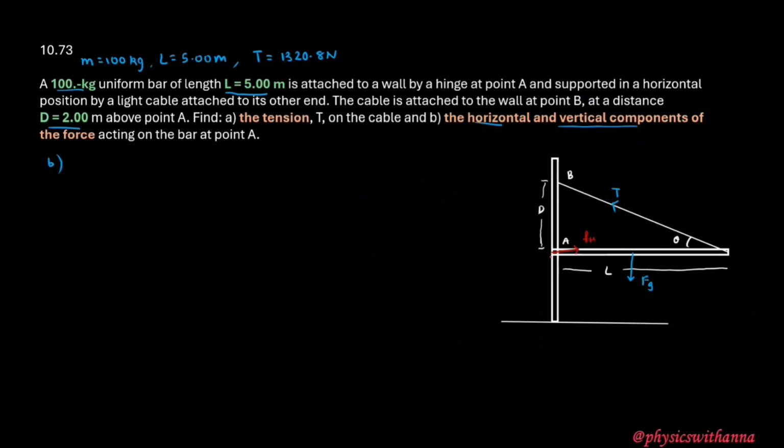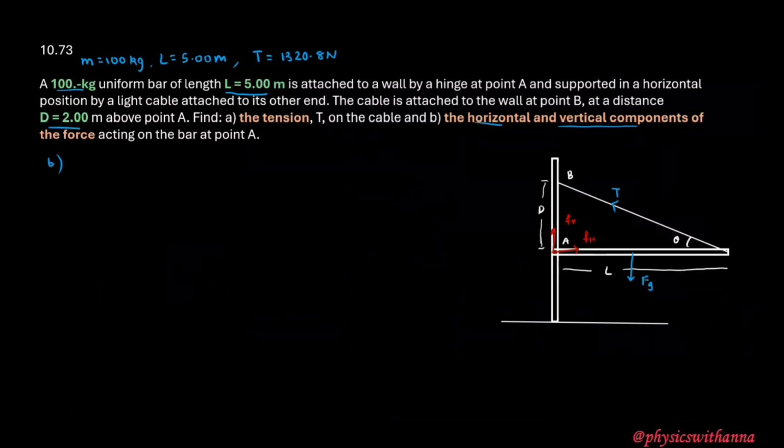This FH is pointing away from the wall and it is usually the normal force that the wall exerts on the bar. And then you have the vertical force, which we will call FV. And this FV is usually the force of friction that prevents the bar from sliding down. And in this part, we need to calculate the values of these two forces.